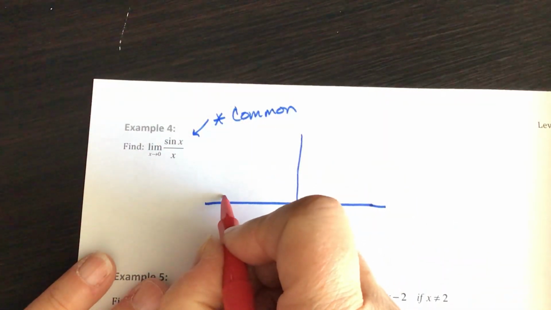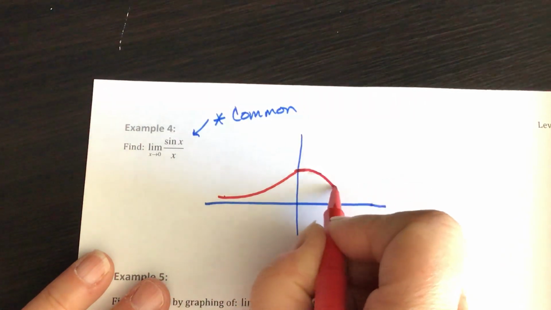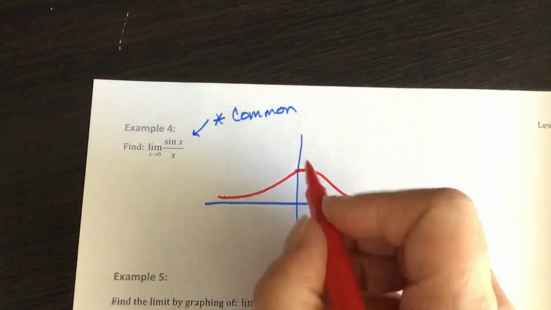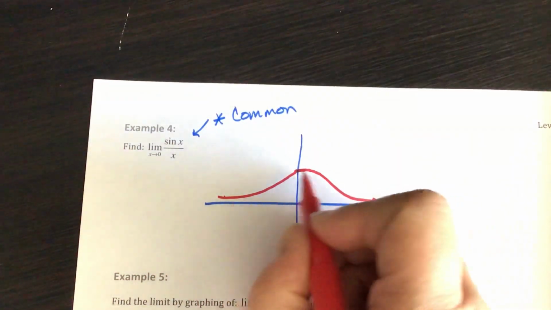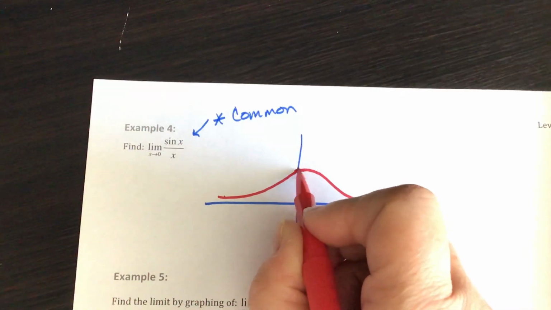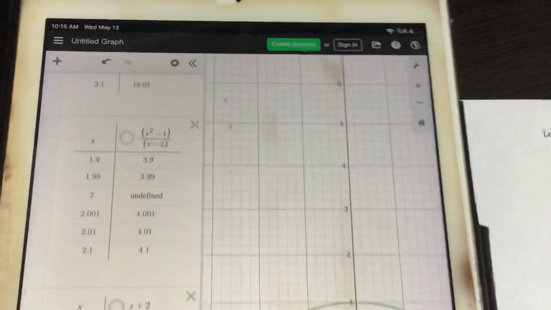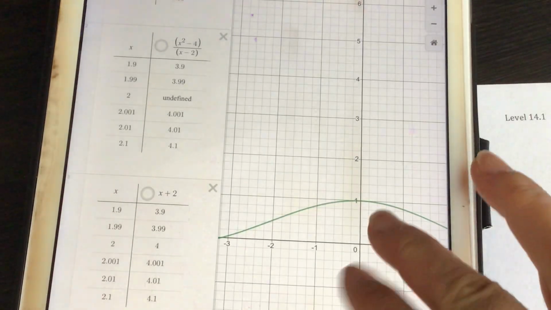So it's kind of going up here, hitting 1, and then going back here. So this is the graph, and it looks like at 0, I have the value of 1. And I'm just going to refer back to this again one last time.